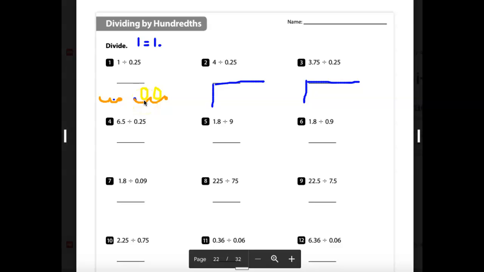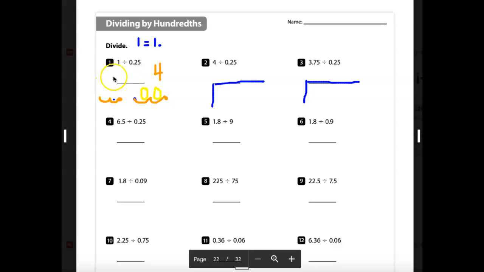No, it's not big enough. Can we make a group of 25 out of 10? No. Now if we have 100, can we make groups of 25? If you were to put 100 tallies down and every 25 make a group, you would end up with 4 groups. Just like 4 quarters are in $1.